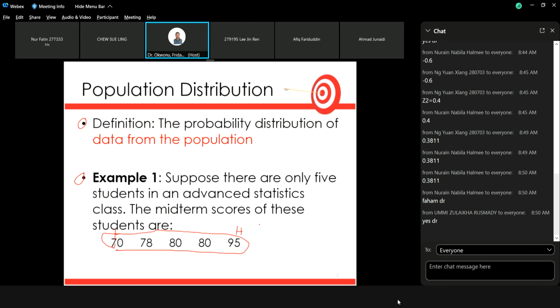So it's like you write the mean of X is equal to the summation of xi, i from 1 to 5, all over N. So the N is 5. Okay, this is your x1, x2, x3, x4, x5. So you add up everything together.